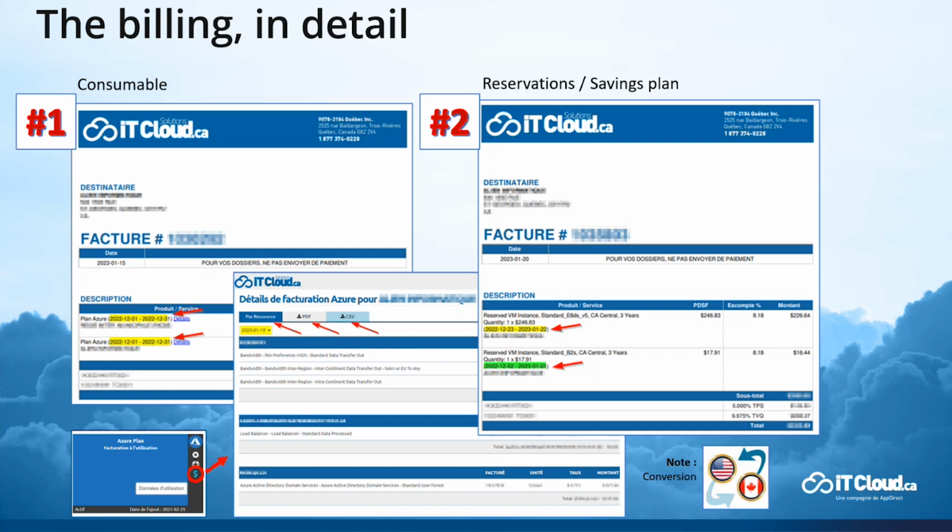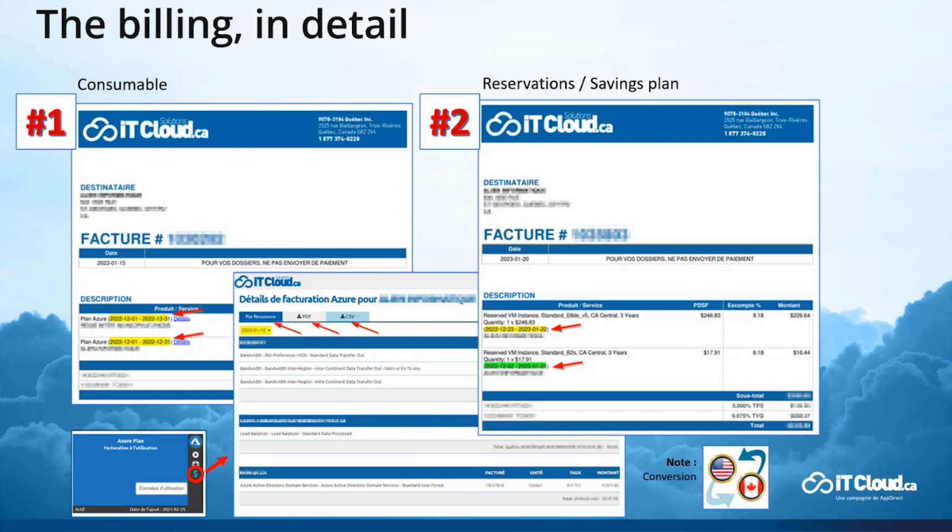Next phase, the reservation and the saving plan. Remember, those are different commitments. So here's the catch. When you move from pay as you go to reserved instance and saving plan, you will receive a second bill. The portion of the instance will be removed from the consumption and you will pay on the other bill. Take care here.